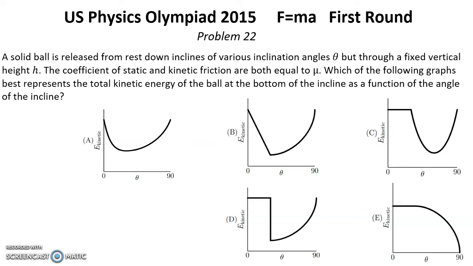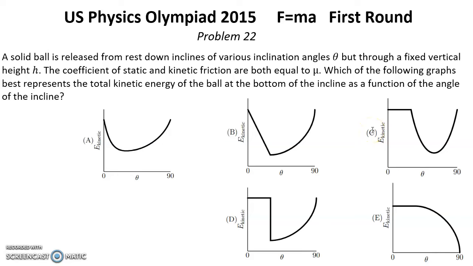Here we can find that initially, when angles are very small, less than critical, meaning tangent theta is less than the coefficient of friction, our ball is moving without sliding and we are not losing kinetic energy. It means that only C, D and E could be solutions, not A and B, because they start to lose kinetic energy from the beginning angles.